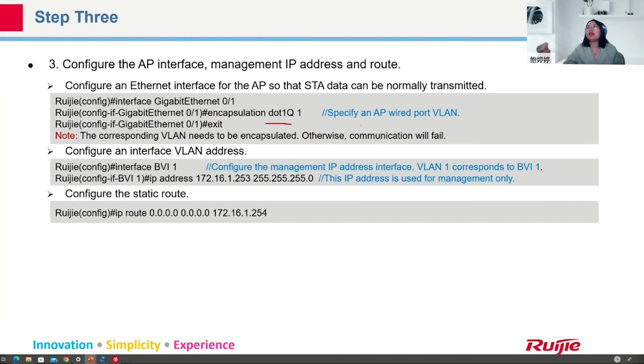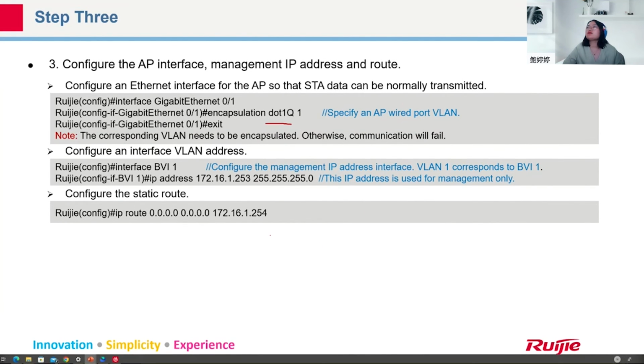The station VLAN we already connected at the beginning. Then we create the manager interface BVI1 and give an IP address. This IP address is used for management only. We will not use this IP address as a gateway.